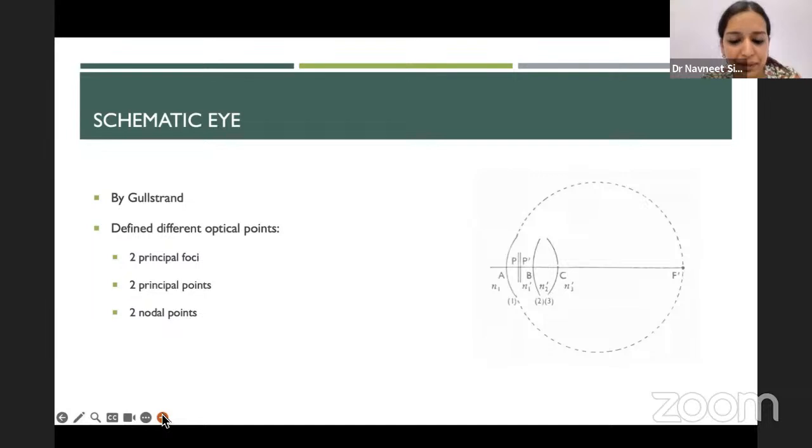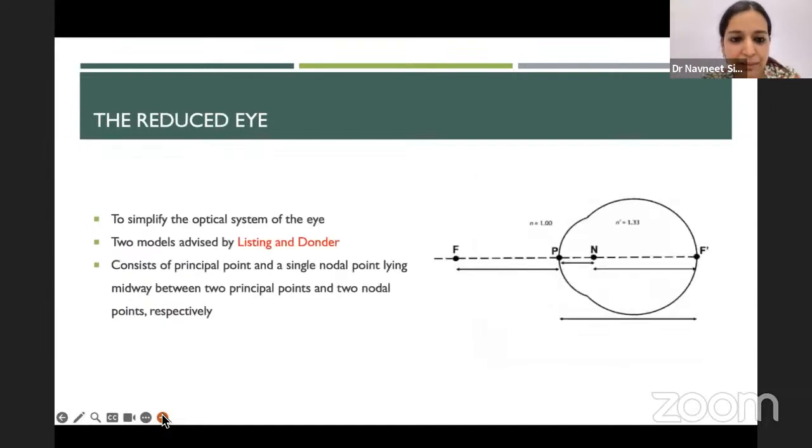So a simpler, revised definition of these optical points was given by Listing and Donders. They gave two separate models, which were called the reduced eye. This was to simplify the optical system of the eye. They basically converted the two points into single points. So there was one principal point and one single nodal point lying midway between the two previously existing principal points and two nodal points respectively.